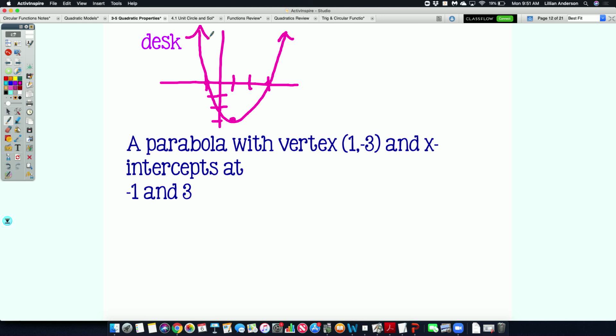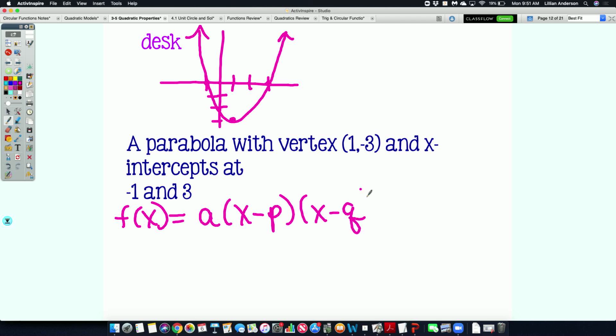So, if I were to take the general form for factored form, that's A, x minus P, x minus Q. What's the value of P? Either one, either -1 or +3. P has to be one of the x-intercepts, Q has to be the other one.